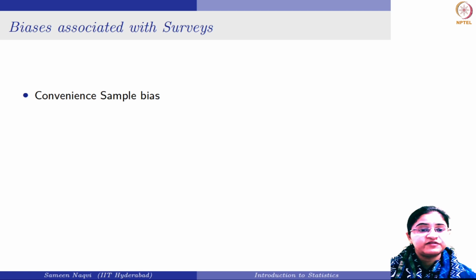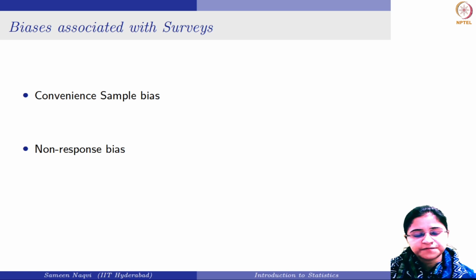Now when we are conducting sample surveys, we are bound to commit some errors or biases. The first one is convenience sample bias. Whenever we are collecting data based upon our convenience, some sort of bias is automatically introduced into the data set. The second one is non-response bias.